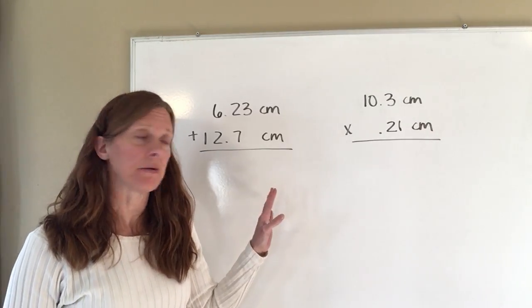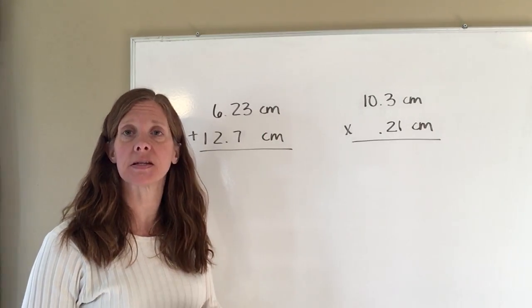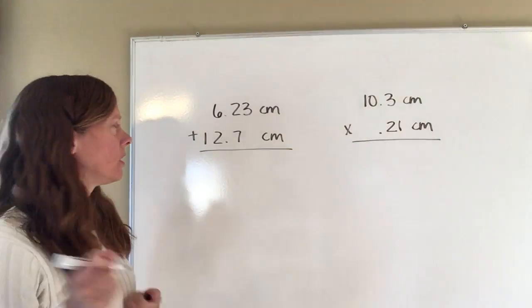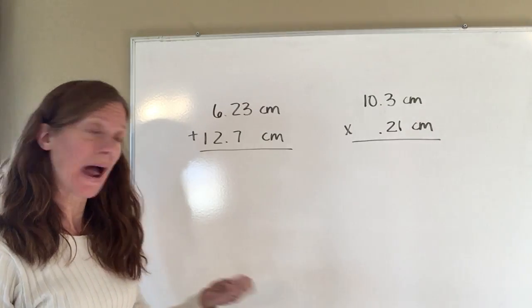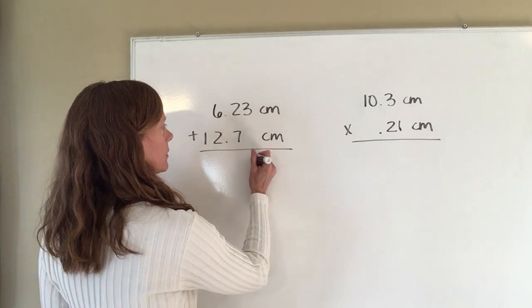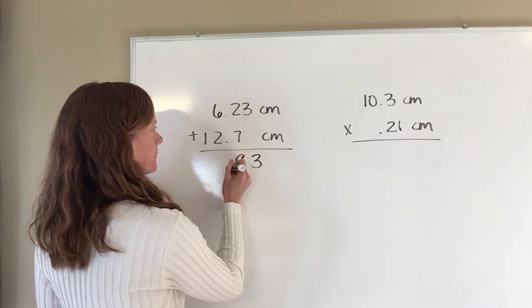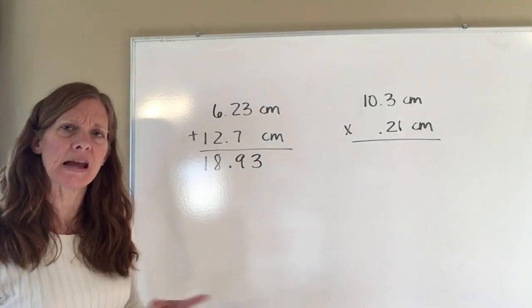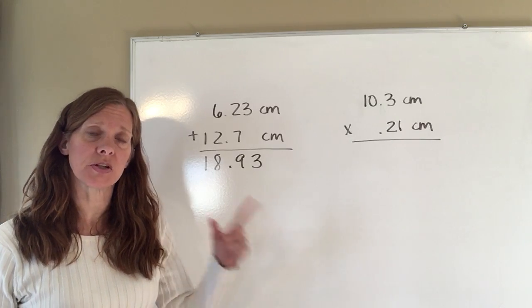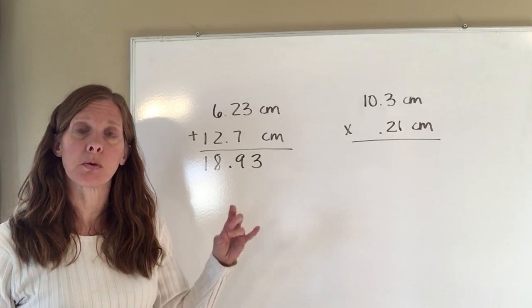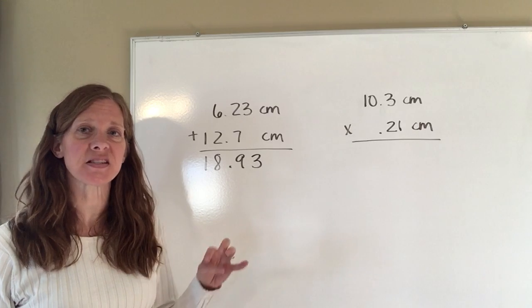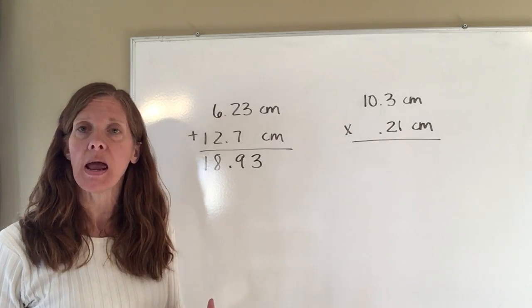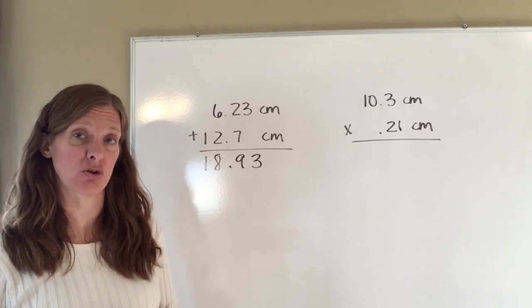Let's say that I have two measurements that I want to add together to get a total measurement. So I'm going to just go ahead and add them together just like I normally would. Now, if you recall our significant figures, when we were talking about measurements, we said that the last digit that you record is always the one that has some error in it, has some estimation in it, has some uncertainty in it.